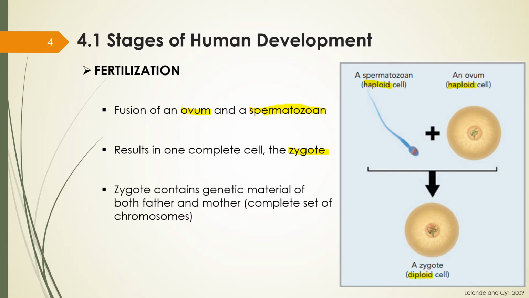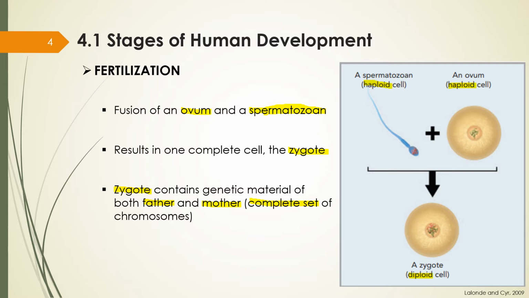So the zygote contains genetic material of both father and mother. So they have the complete set of chromosomes. That's why I say it is diploid. So just to summarize, the spermatozoon or the sperm and the egg or the ovum of the woman, both of them are haploid.